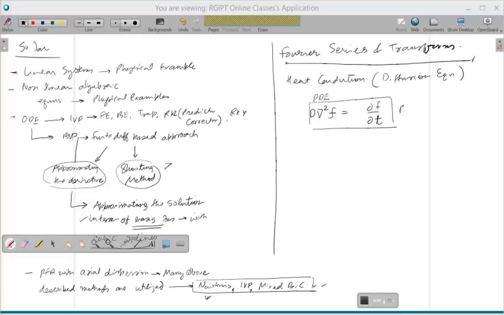So Fourier series and transforms. The basic idea is something we have already discussed, which is that any function can be decomposed into a set of basis functions. I'm writing it very loosely, and a mathematician would strongly object.